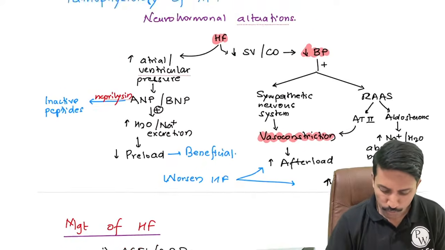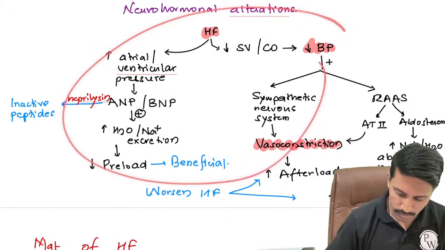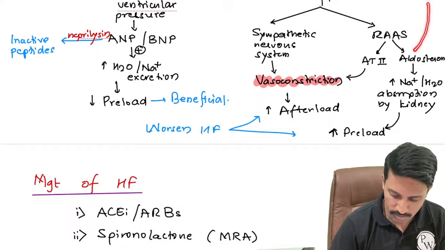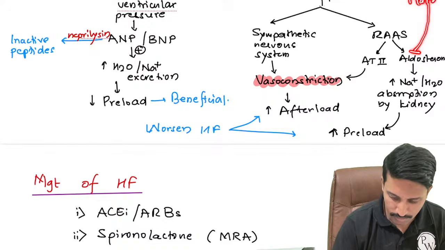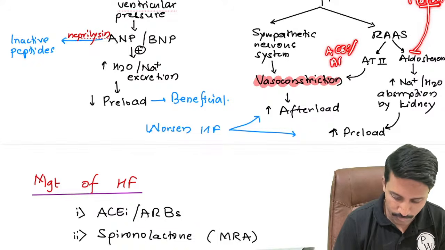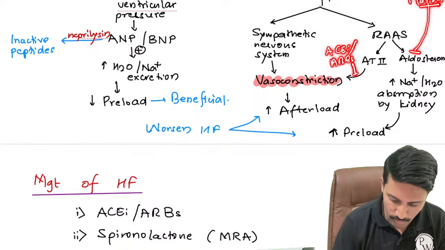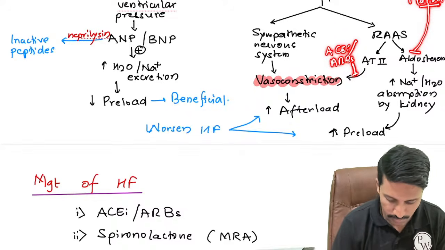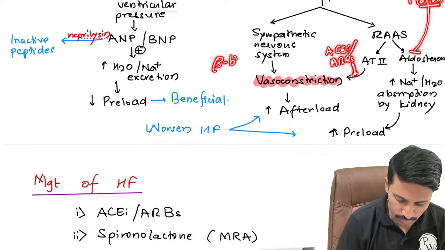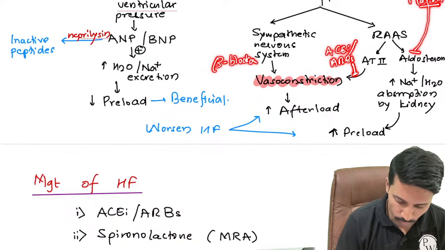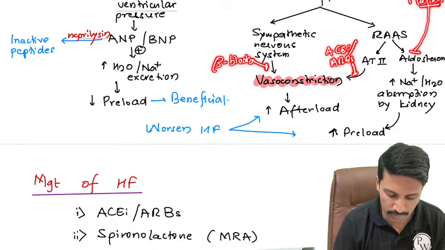So you can also beautify your answer when you write pathophysiology, right? You can also mention that, okay, this spironolactone is blocking the aldosterone, right? ACE inhibitors or ARBs are blocking the angiotensin 2 activity. Then your beta blockers are blocking the sympathetic nervous system activity.